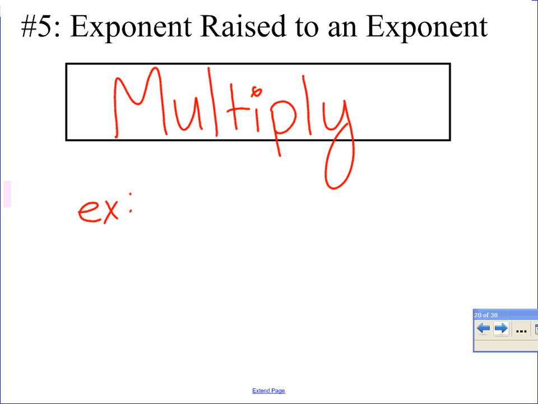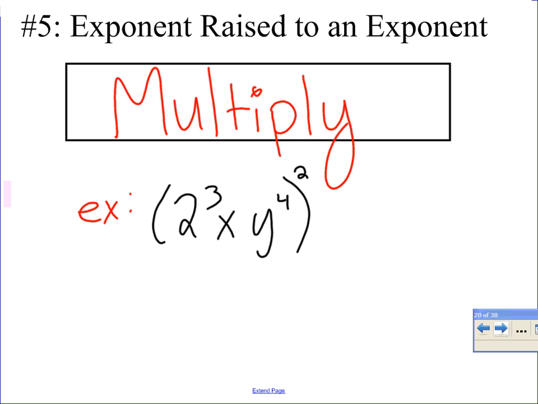So let's say we have 2 to the 3rd x, y to the 4th, all raised to the 2nd power. So looks difficult, but it's not. 2 cubed x, y to the 4th, all raised to the 2nd power. This is an exponent raised to an exponent. It's a power of a power rule.